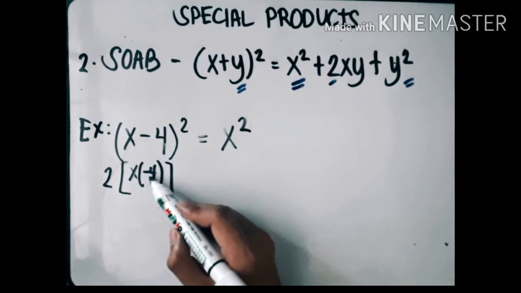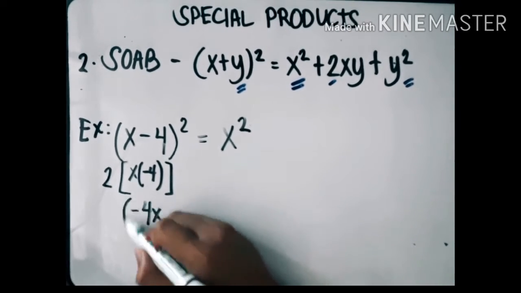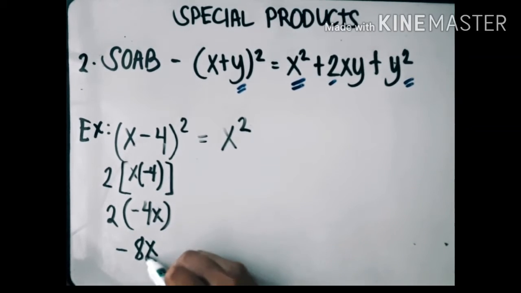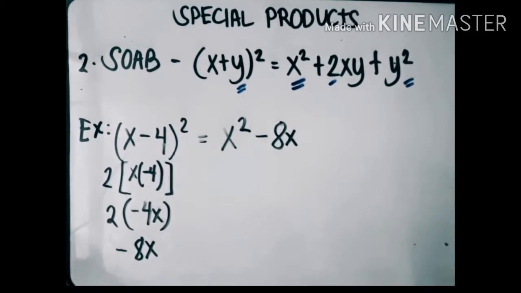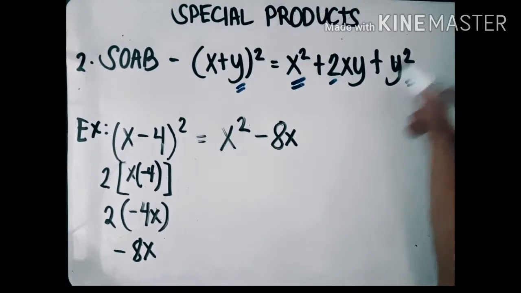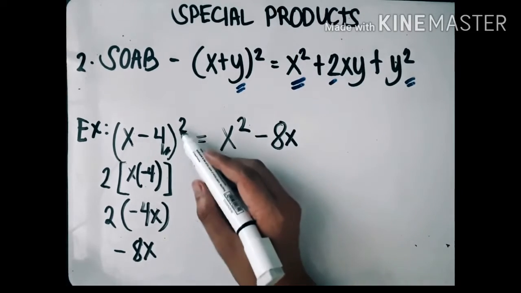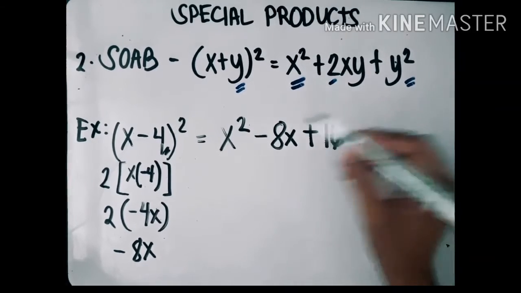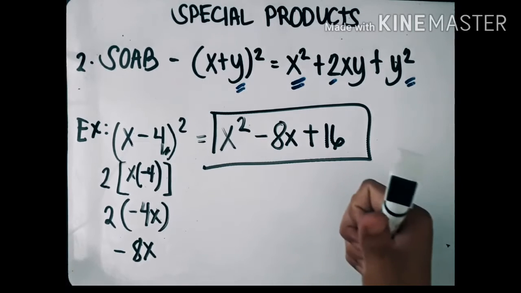So, x multiplied by negative 4 is negative 4x. Multiplied by 2 is negative 8x. So, minus 8x. And then the square of the last term, which is 4. So, negative 4 squared is positive 16. So, here it is. Okay?